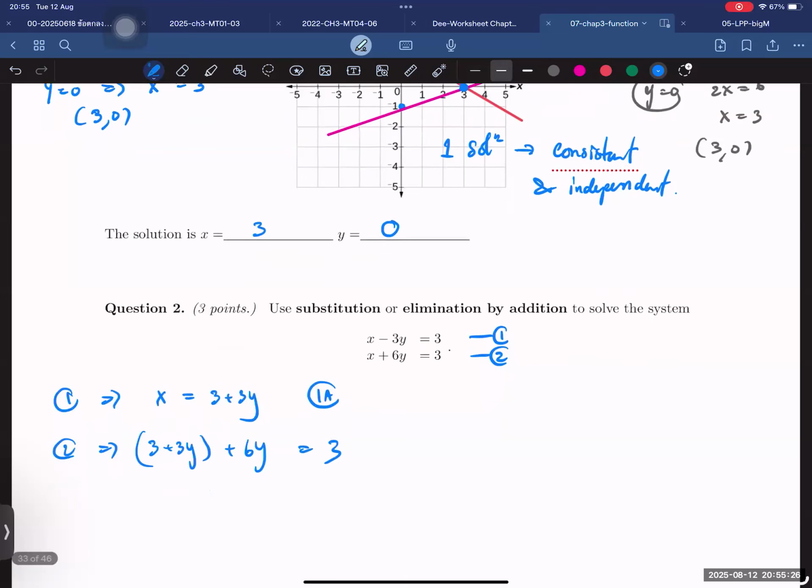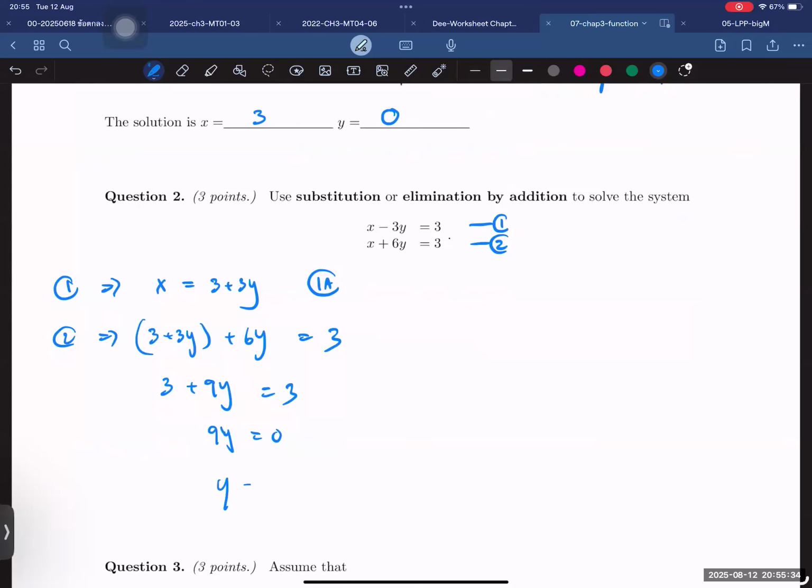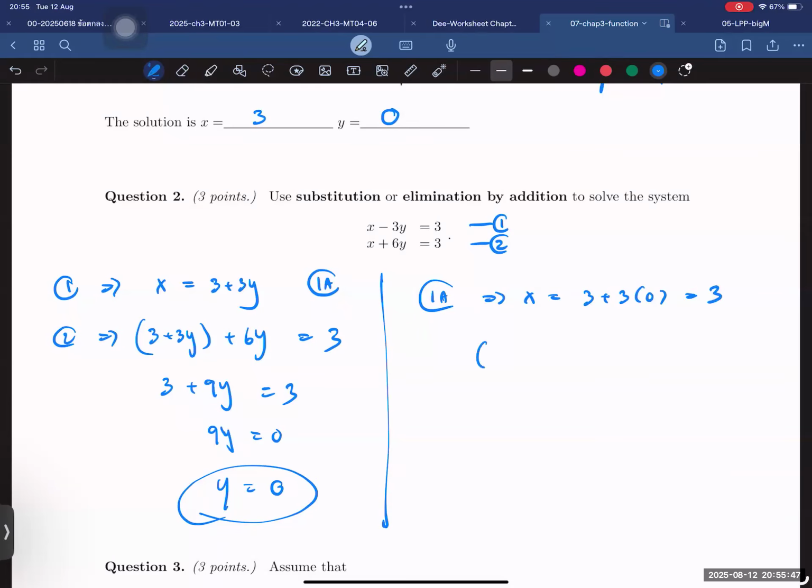And then we solve for y. Now we got 3 plus 9y equal to 3. So we got 9y equal to 0. So y would be 0. If y is 0, then from 1A, you can get the x. X would be 3 plus 3 times 0, right? So x is 3. So we got the answer 3 and 0.